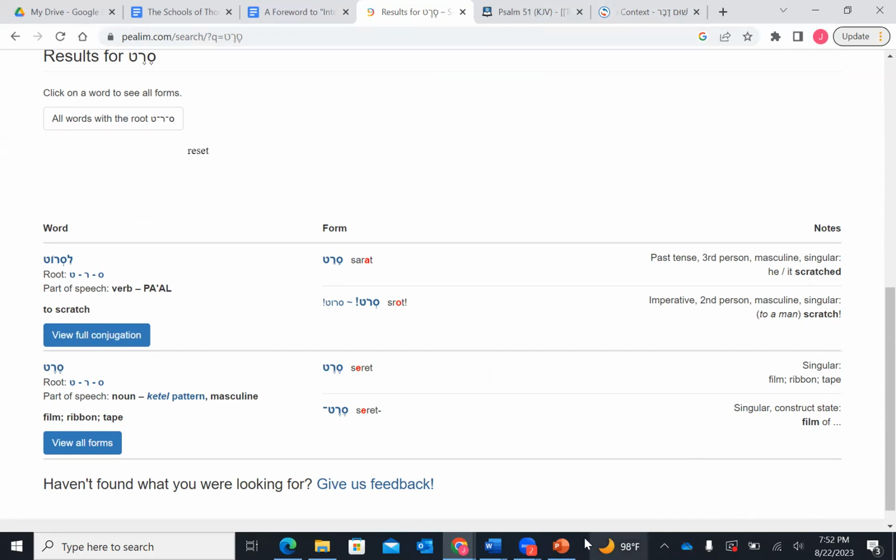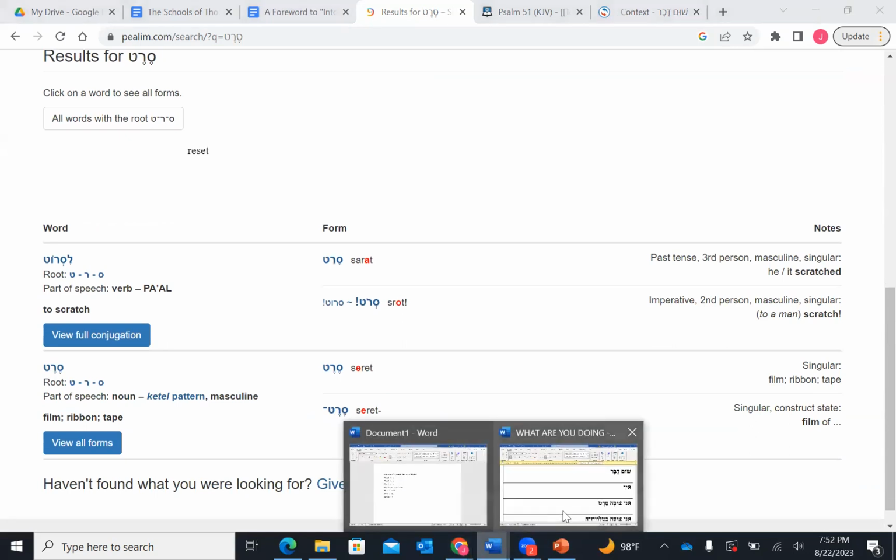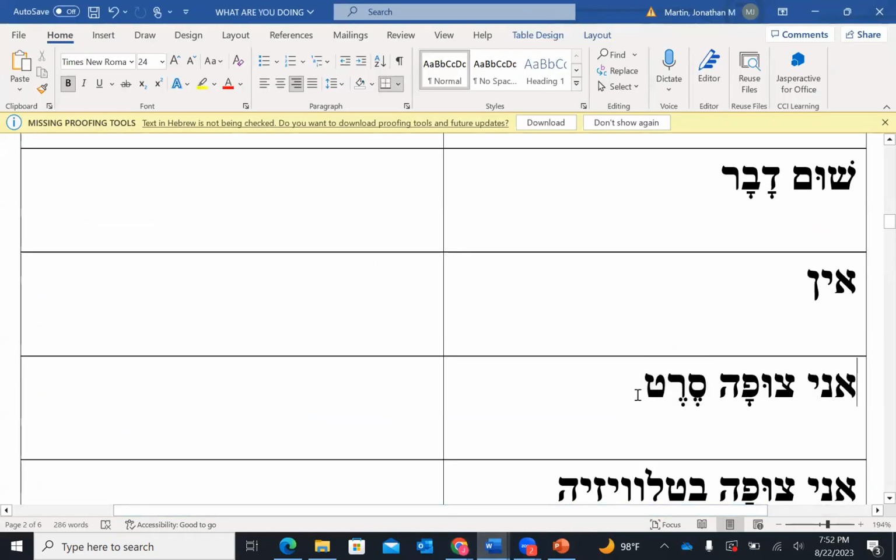I asked somebody that speaks Hebrew these questions before I presented it to my class, and sometimes they would say, we don't really say it like that. Sometimes they say, you can say it like that. Other times they say, no, write it like this.